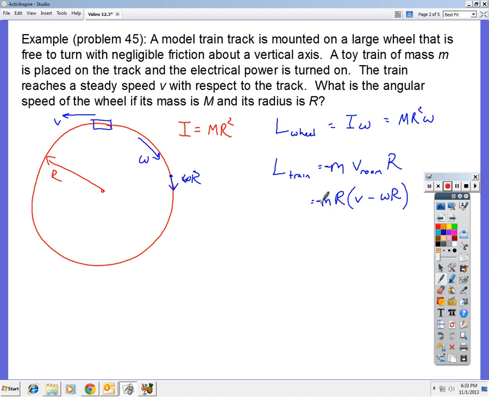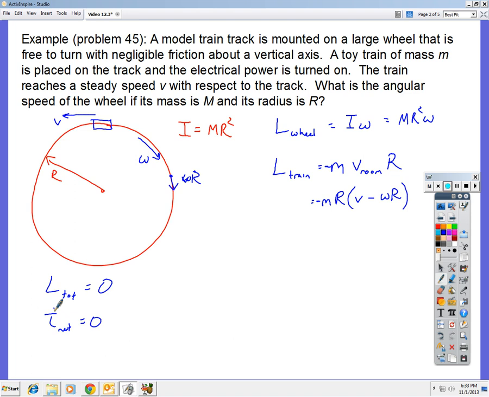Now the other thing, we can say that the total angular momentum at the beginning has to be 0, because initially the system was not moving. Now notice that there are torques. The train exerts a torque on the wheel, which makes the wheel spin. But that's an internal torque. And so the sum of the external torques is equal to 0. The train and the wheel exert torques on each other, just like they exert forces on each other, but the net external torque on the system is 0.